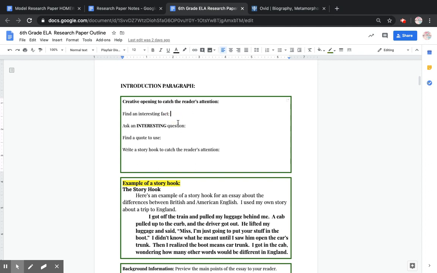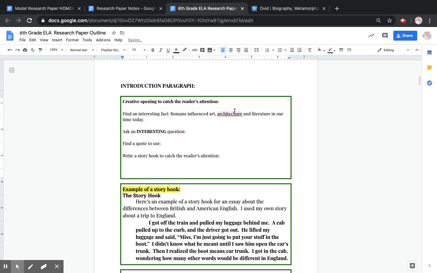From everything that I read, I read about how Romans influenced art, architecture, and literature today. So that would be an interesting fact.